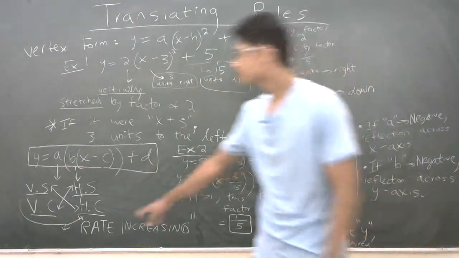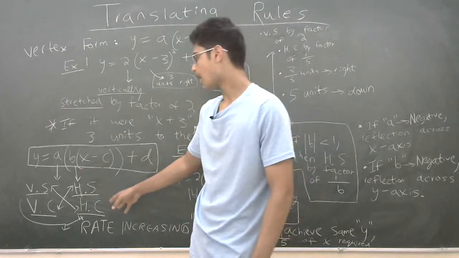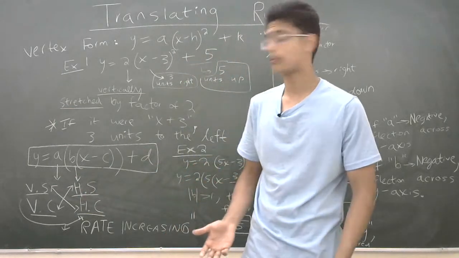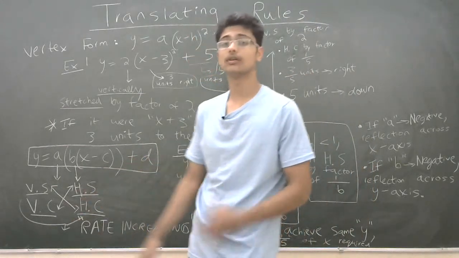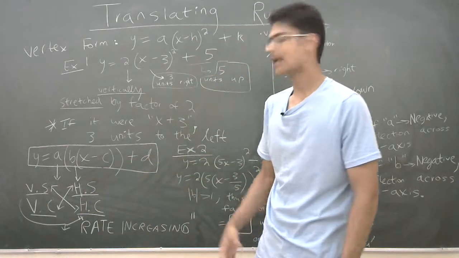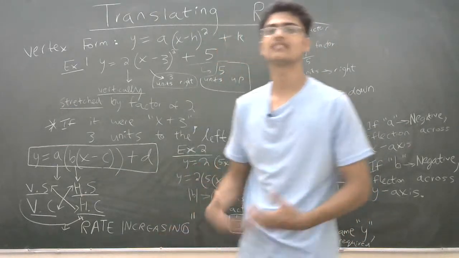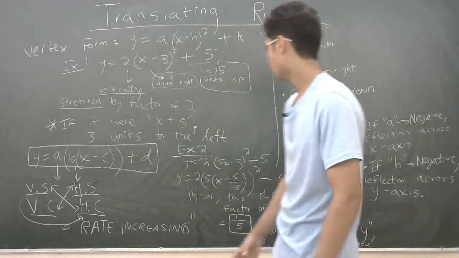And so I've made a small diagram that you can see here. Vertical stretch corresponds to horizontal compression, and horizontal stretch corresponds to vertical compression. And with vertical stretch and horizontal compression, the rate is increasing. So these two types correspond to one another.